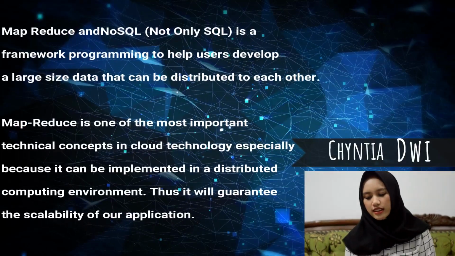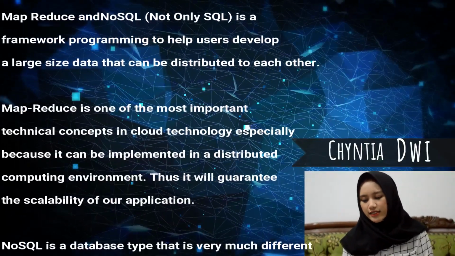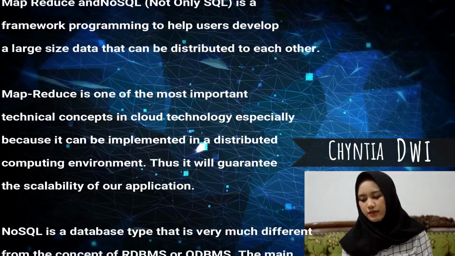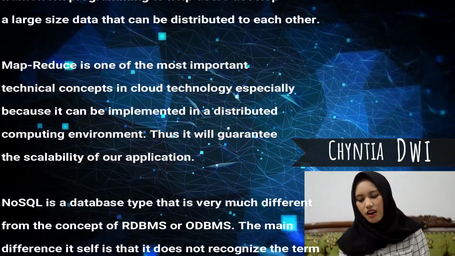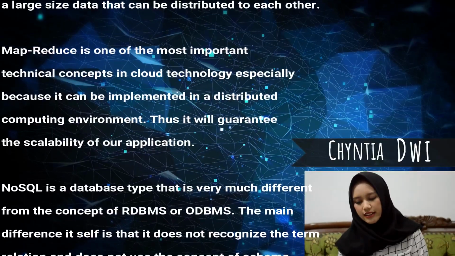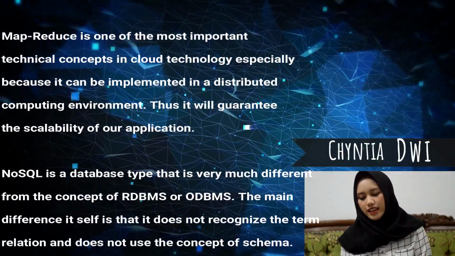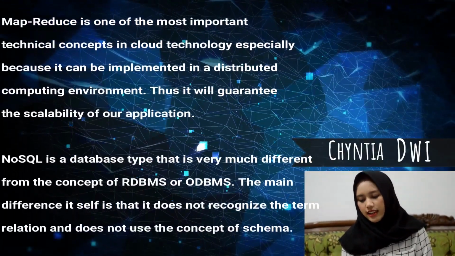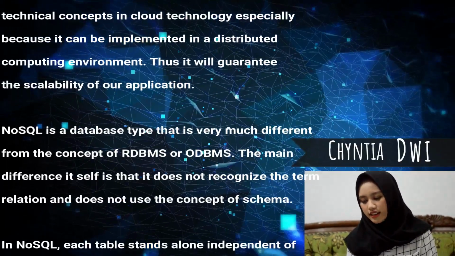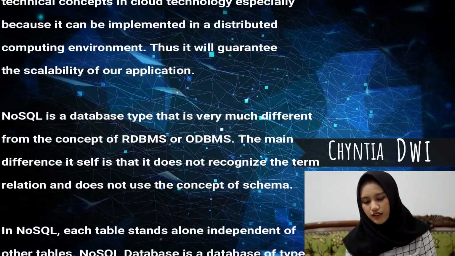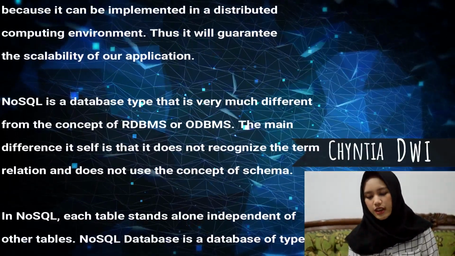NoSQL is a database type that is very different from the concept of RDBMS. The main difference itself is that it does not recognize the term relation and does not use the concept of schema.